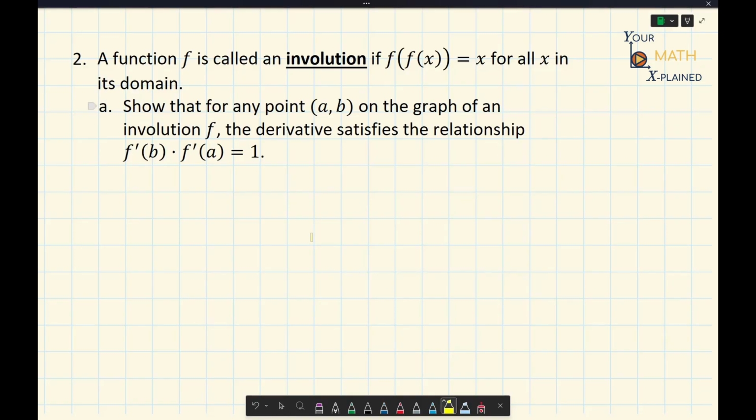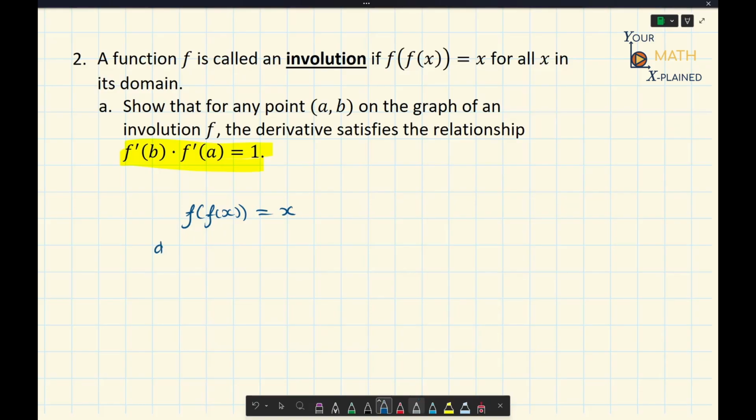For part A, we want to show that for any point (a, b) on the graph of an involution f, it satisfies this relationship here. To do that, we're going to start with the property of an involution, which is that f of f of x is equal to x. Next, we're going to take the derivative with respect to x on both sides of this.